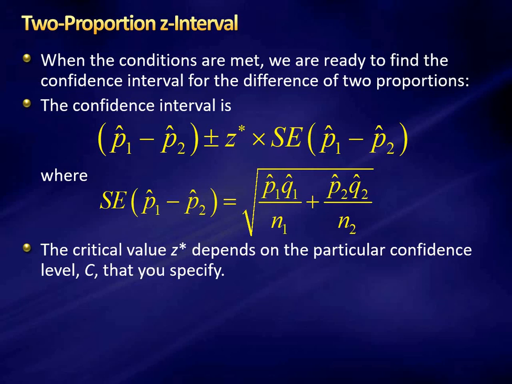Times the standard error, which is just same thing as standard deviation using P hat and Q hat. Okay? It's just that now our observed plus or minus test statistic times standard error tweaks a little bit with those formulas. And you know what, guys? That's not going to change. It's always going to follow that same pattern. This little guy will change a little bit, this little guy will change a little bit, and this little guy will change a little bit. Okay? And Z star comes from your confidence level that you specify.